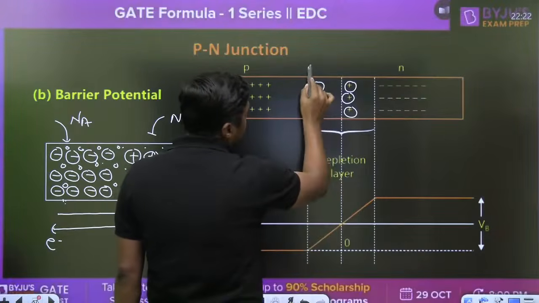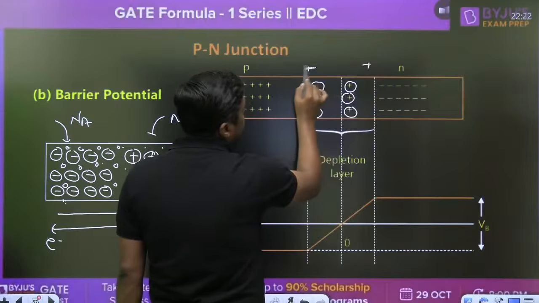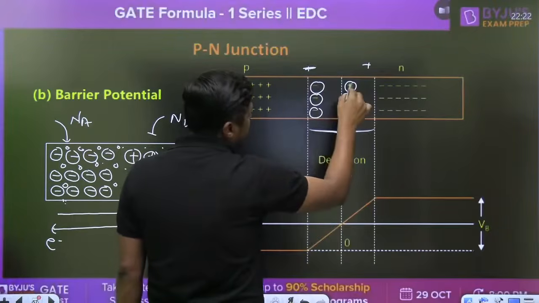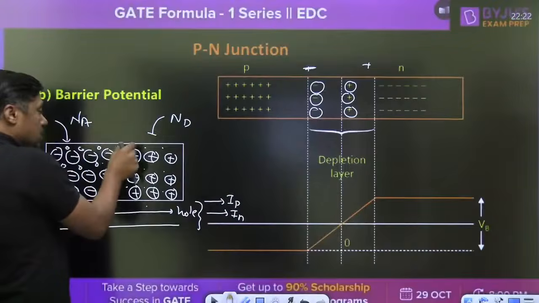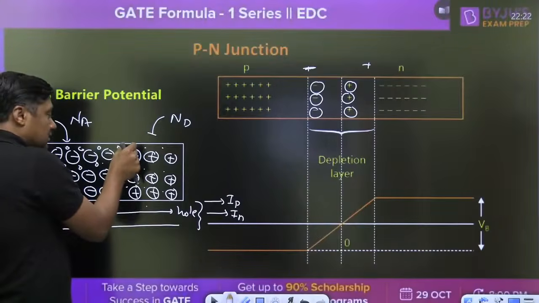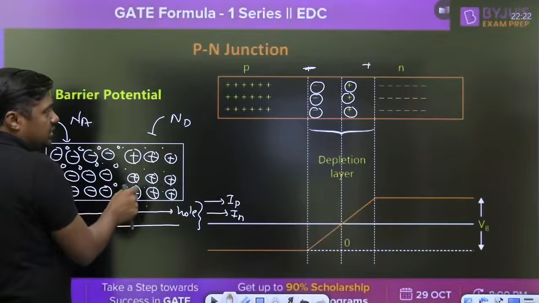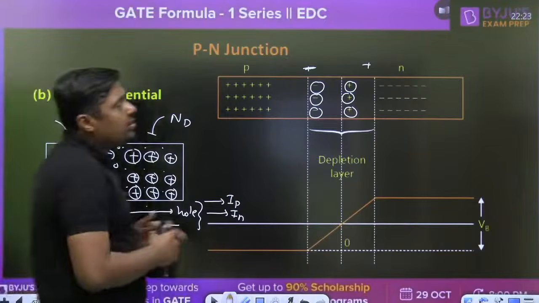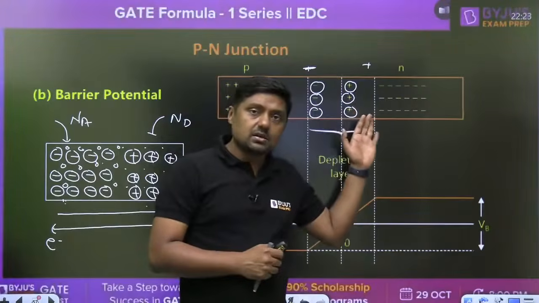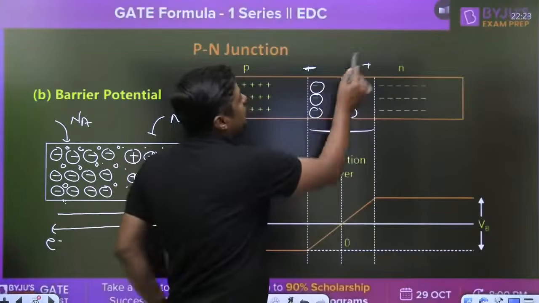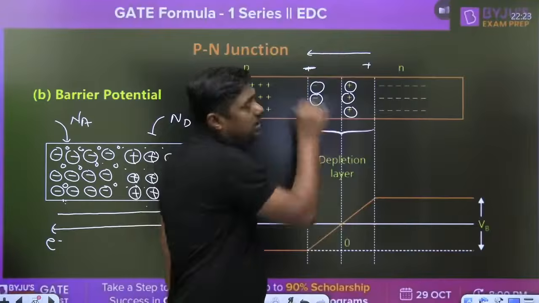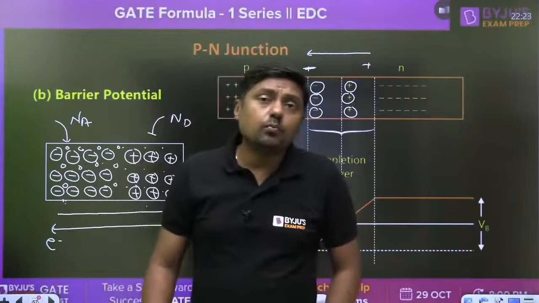In a space charge region, we are developing immobile charge carriers. There is a recombination of hole and electron. Then in the creation of the depletion region, only immobile charge carriers exist. Because of this, an electric field develops. The direction of the electric field is from this point to this point, and there is a built-in potential.